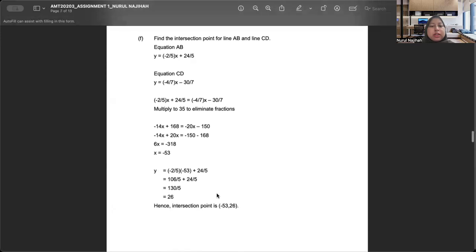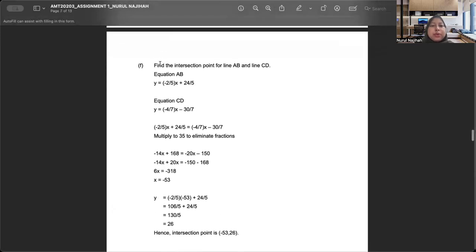Moving on to our last question, which is we need to find out the intersection point for line AB and CD. So with the equation of AB and the equation of CD, we will know that this is our equation for the intersection. So to remove the fractions of this figure, we need to multiply by 35.